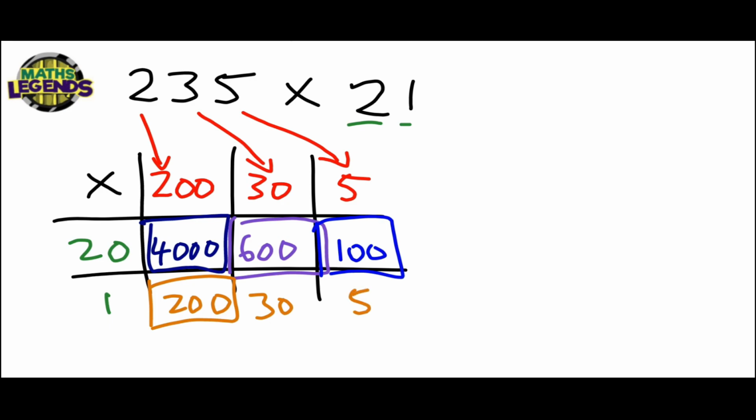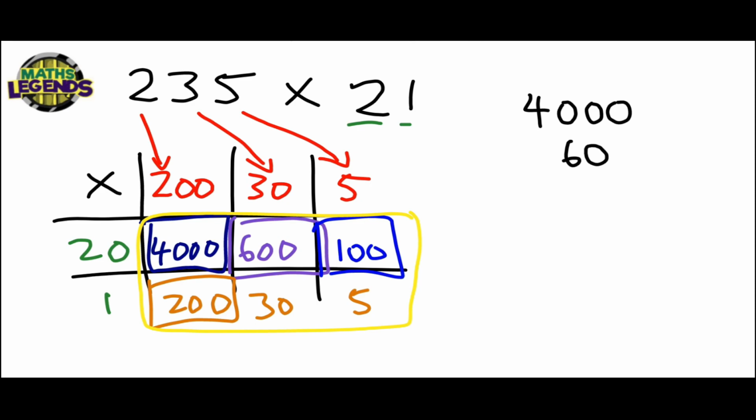Now we need to add all the numbers that we've got in the middle of the grid. So that's not red or green. So the numbers we write on the right hand side is 4,000. Then keeping the units, tens, hundreds and thousands aligned, we write the next numbers: 600, 100, 200, 30, and 5.